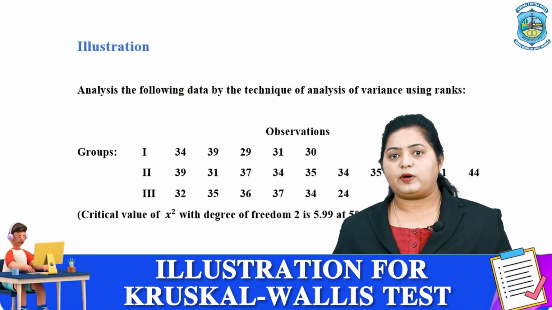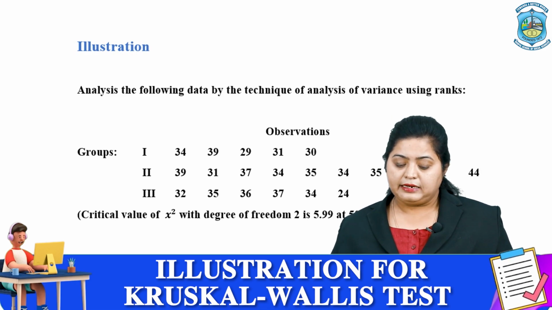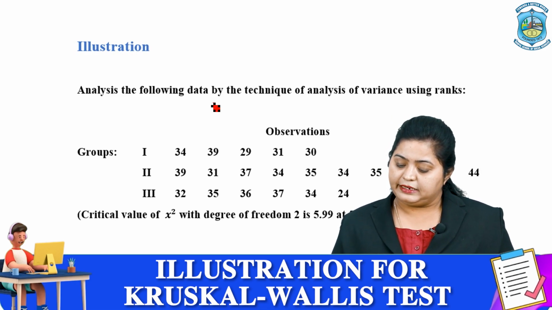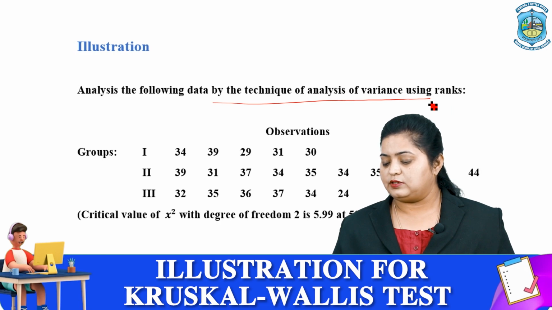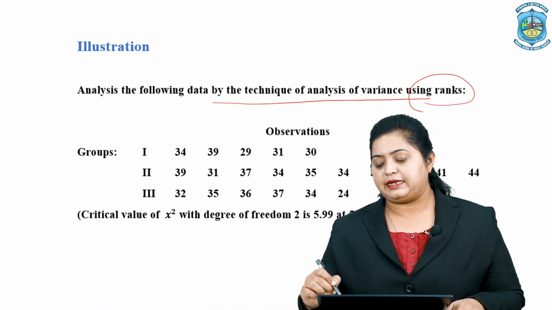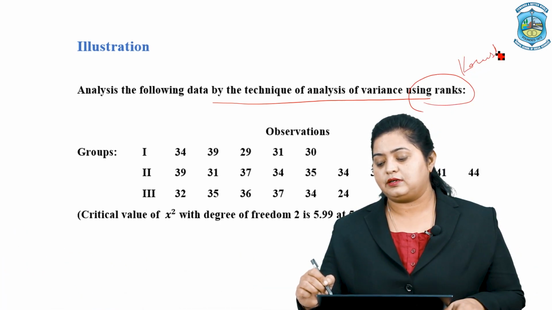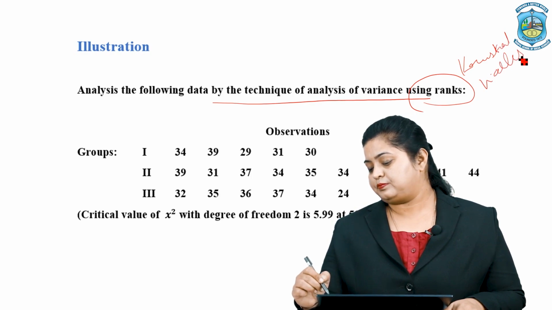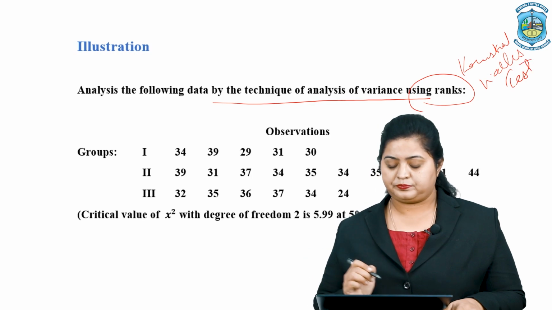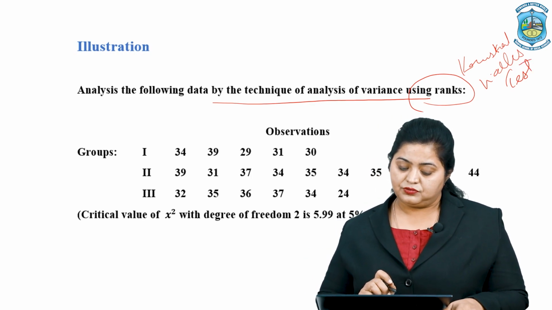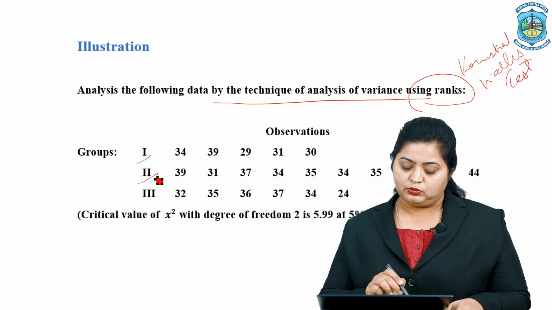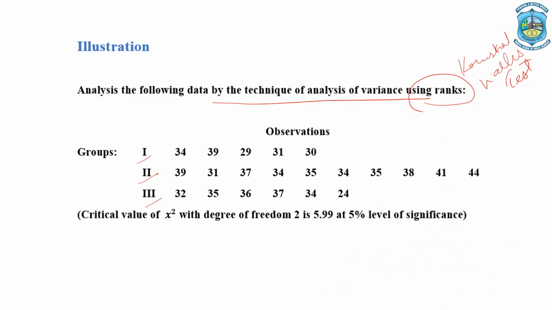Let us discuss one illustration for the same. Analyse the following data by the technique of analysis of variance using ranks. Now using ranks, that means the Kruskal Wallis test. Now we have three groups, group number 1, group number 2 and group number 3, and we have some observations for each group.